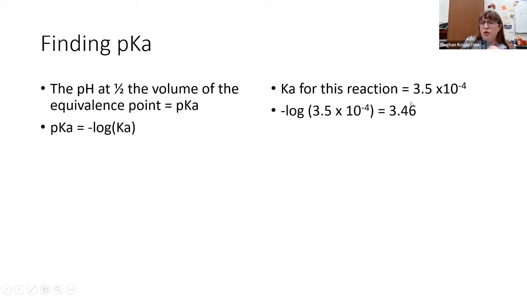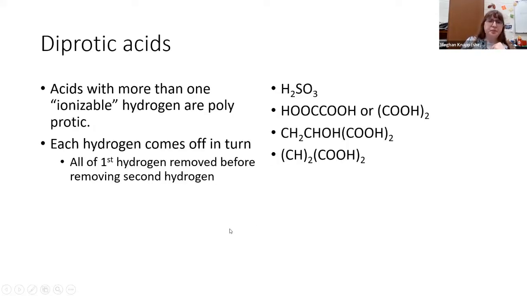So this is what it should be for HF, 3.46, or very close to 3.5. Longer version will be in a different video. With diprotic acids, this means that we have more than one ionizable hydrogen, more than one hydrogen that can come off as an H+.